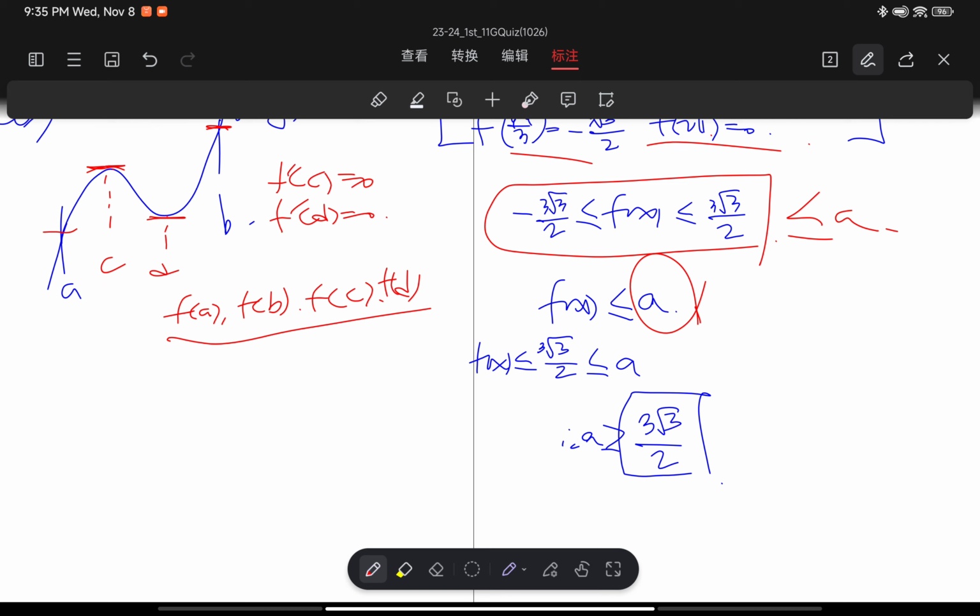So f x can be sometimes, for example, here's minus 2 and 3, not exactly, just for instance. So in that case, a can be 4, 5, 6, 7, it could be, right? So what is the minimum value of a? The minimum value of a means the maximum value of f x, right? So the minimum value of a is 3 square root of 3 divided by 2, right?